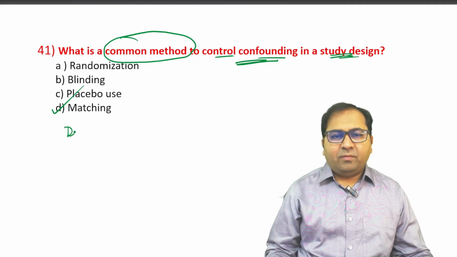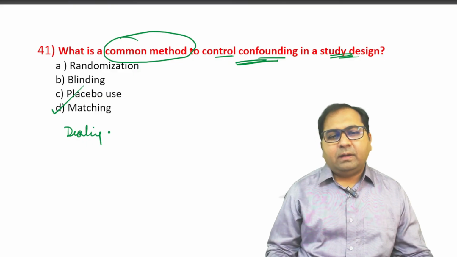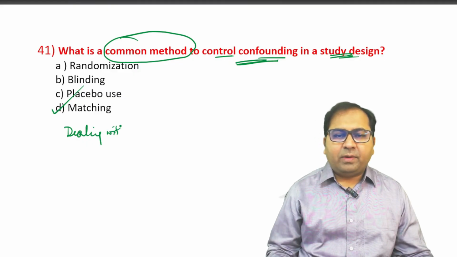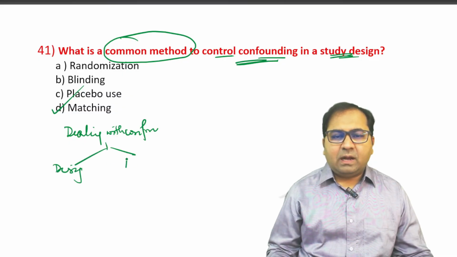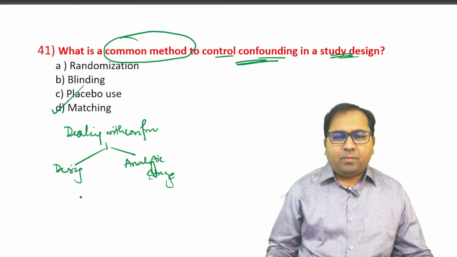If you remember, we spoke regarding dealing with confounding. In that we have spoken regarding two things: design stage and analytical stage. Go back to previous questions and see. In designing stage we have spoken regarding three options.